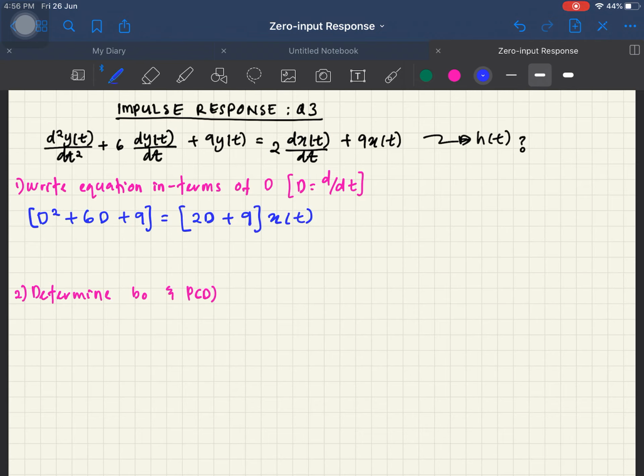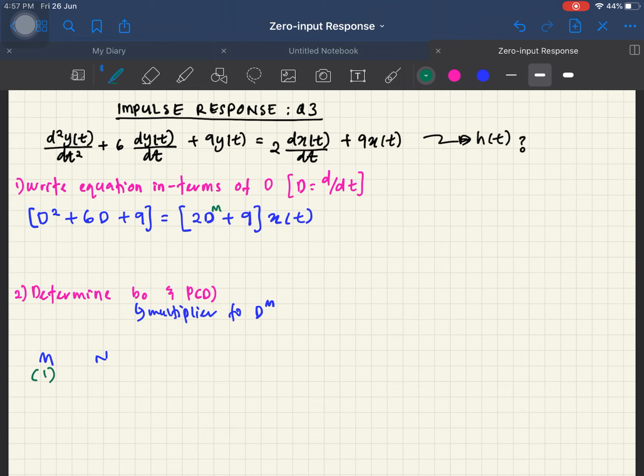Okay, so the next step is to determine b0 and P(D). So b0 here is the multiplier for D to the power of m. However, we have to first check what is m and what is n. Over here, this is m, which is equal to 1.